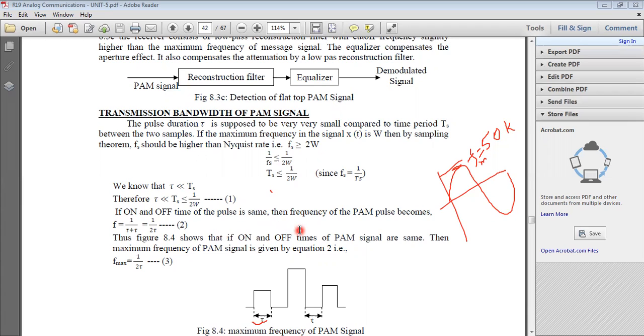Suppose we consider a PAM signal, the on and off time of each pulse is the same. So therefore, we can take the frequency of the PAM pulse as 1 by tau plus tau, that is on time and off time.